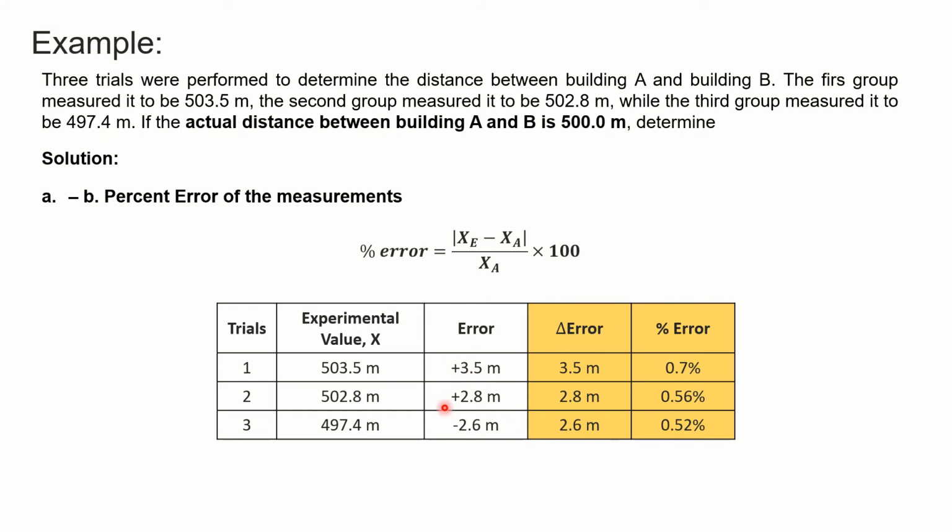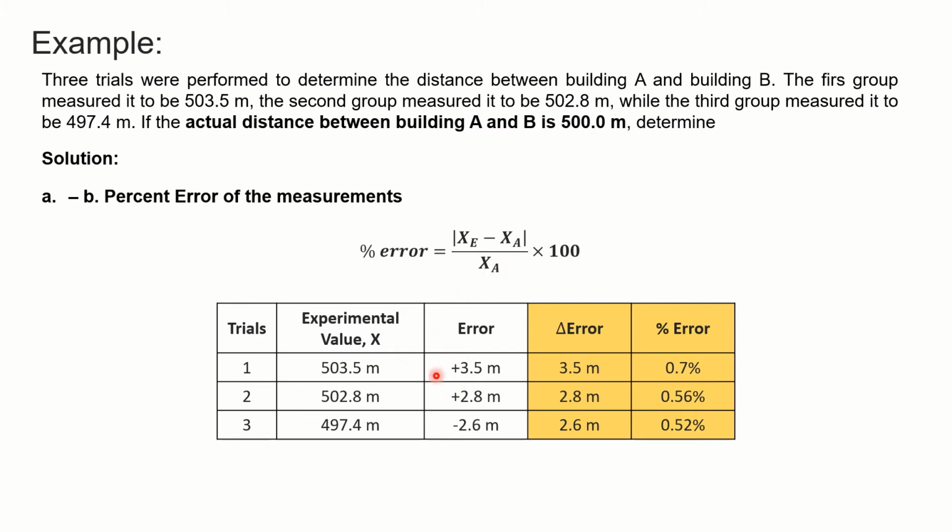Now, what is the meaning of the positive and negative sign? This positive and negative sign gives us some important information. When the value of error is positive, your experimental value is higher compared to the given or actual measurement. When your error is negative, your experimental or obtained value is lower compared to the actual measure.